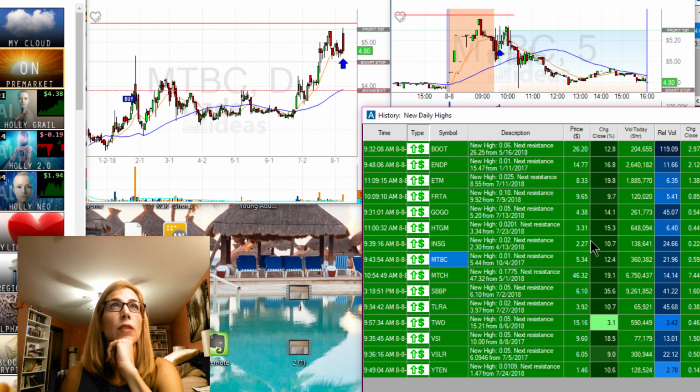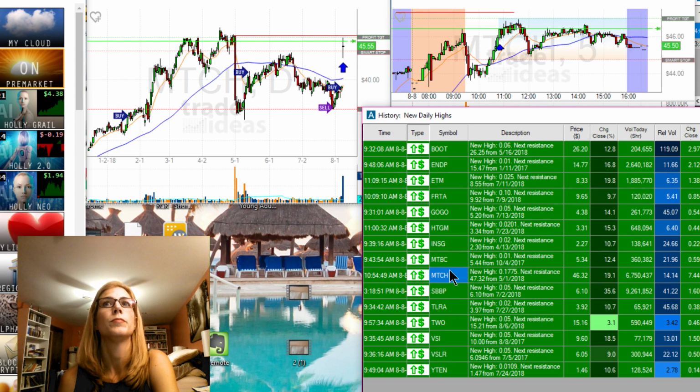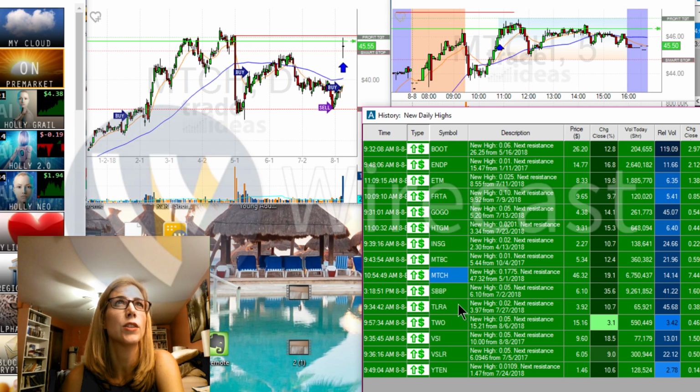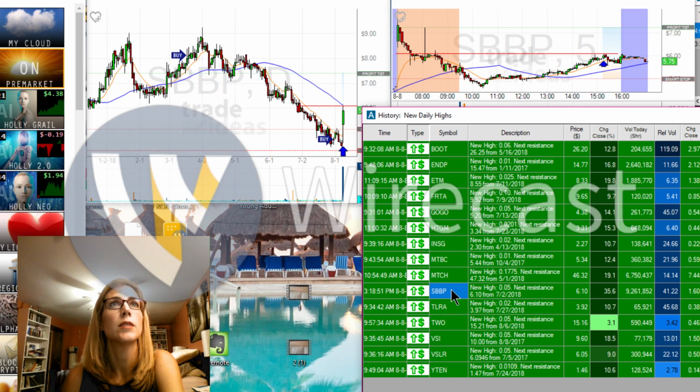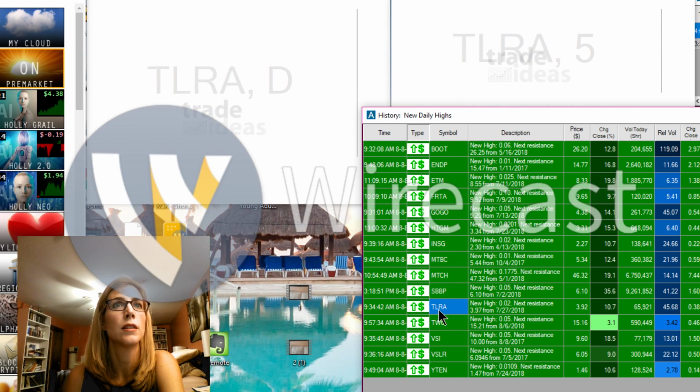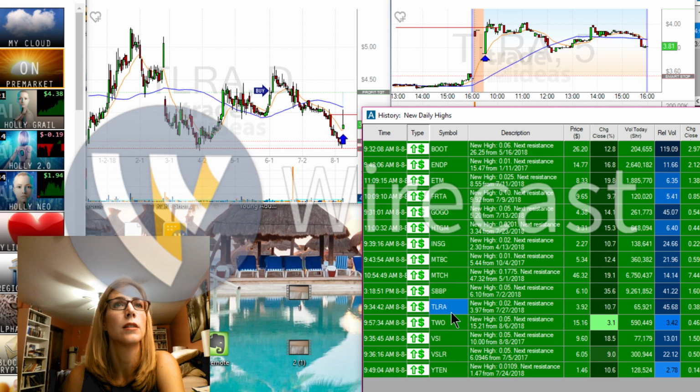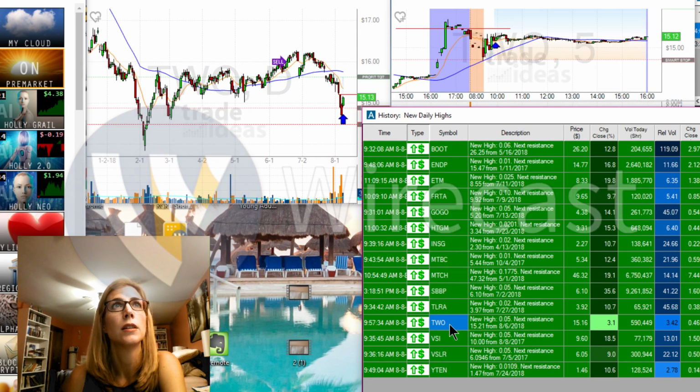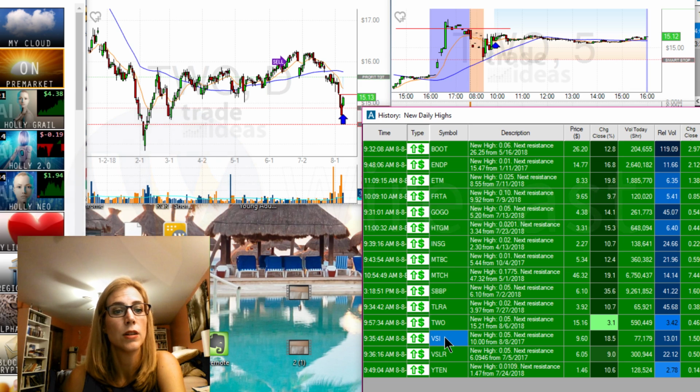So this is of the daily range. Well, this one pulled back. Not sure why that one showed up. MTCH, this is a day range, I guess. SBBP, again. TLRA.